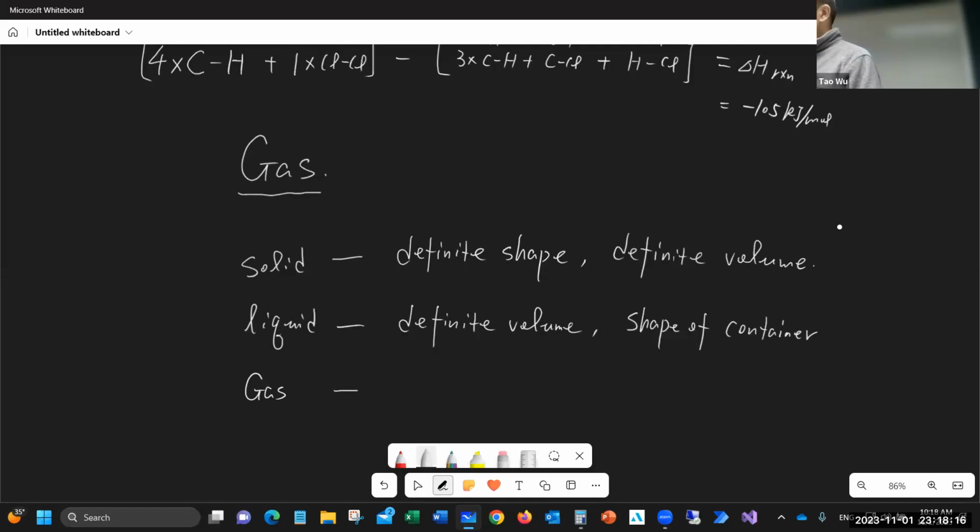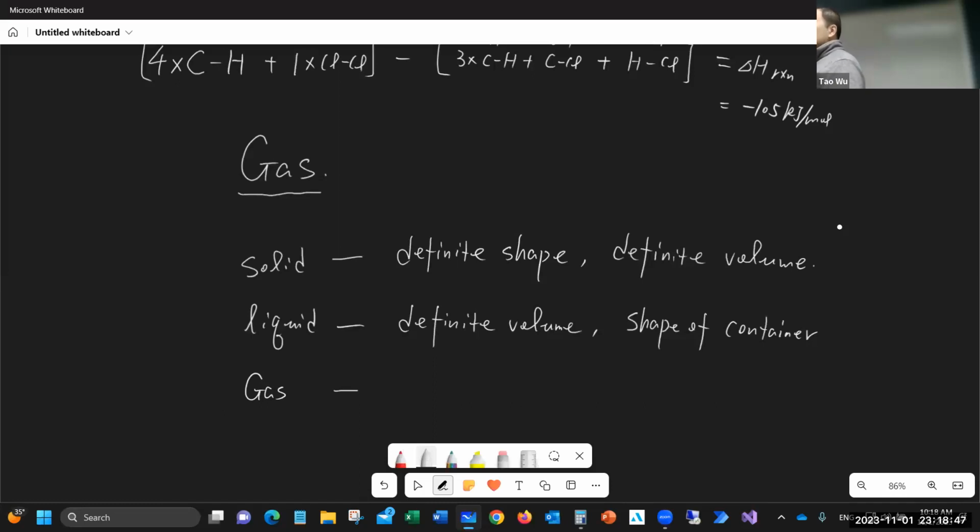For a gas, they don't have a definite shape. You may think, hey, why doesn't the gas have a volume? Well, they do have a volume, but they do not have a fixed volume, which means the volume of the gas depends on the volume of the container.